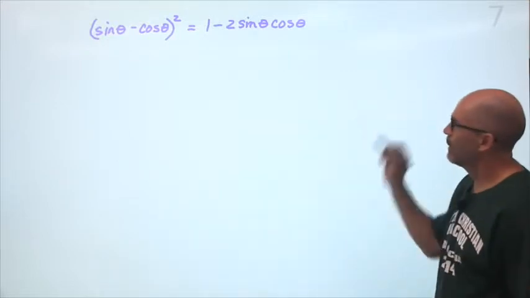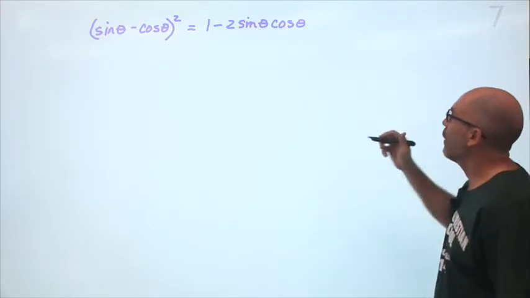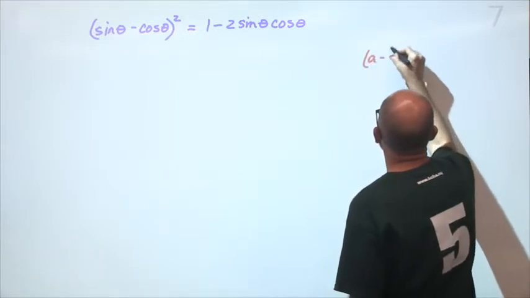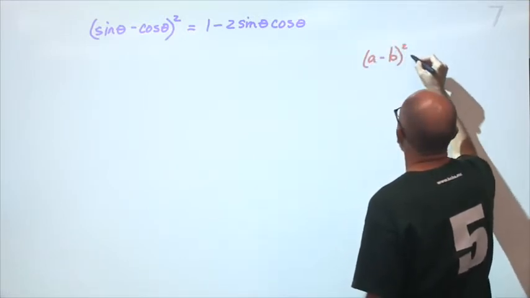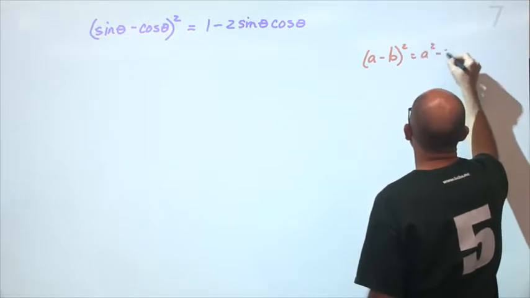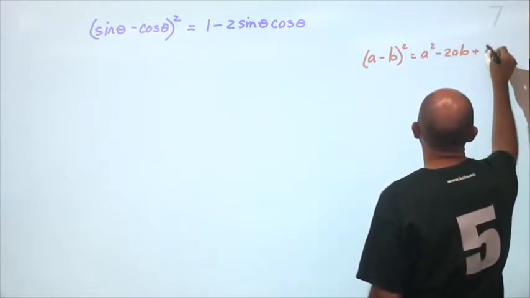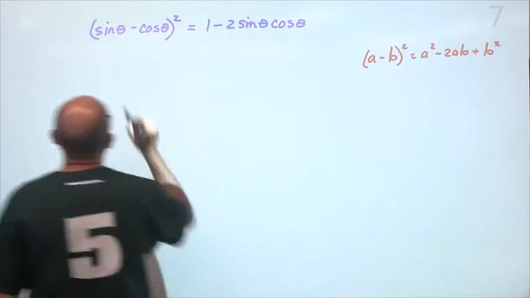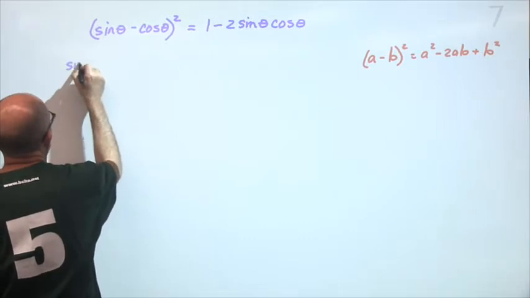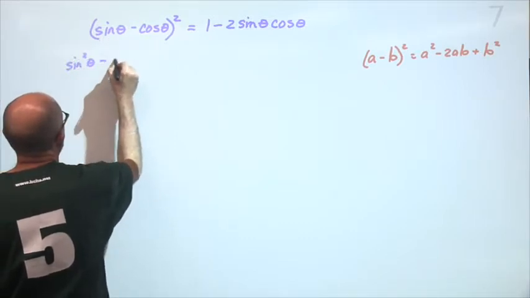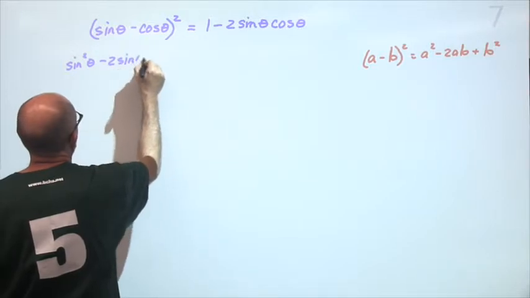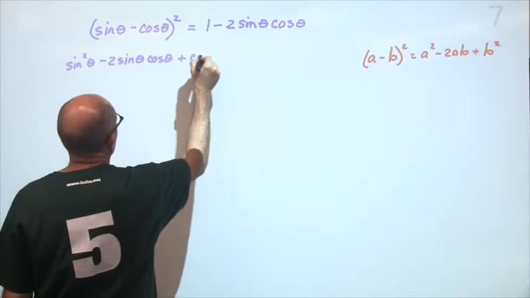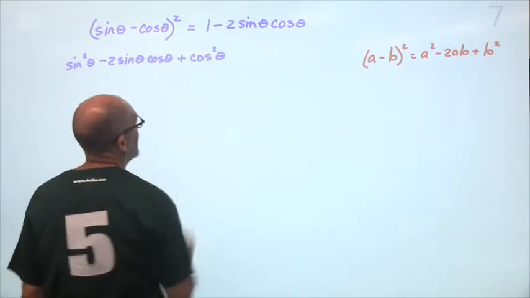Okay, so we know that A minus B quantity squared equals A squared minus 2AB plus B squared. So that's what we're going to do here. We have A squared minus 2AB plus B squared.